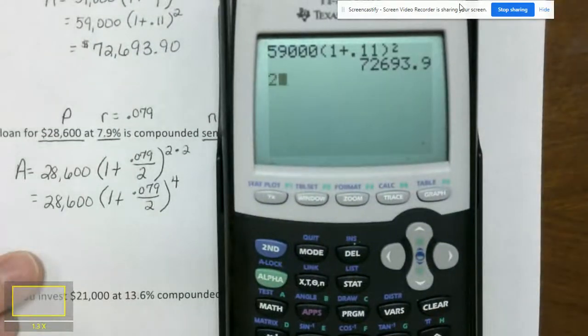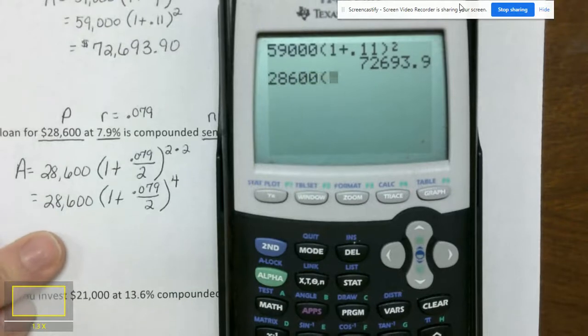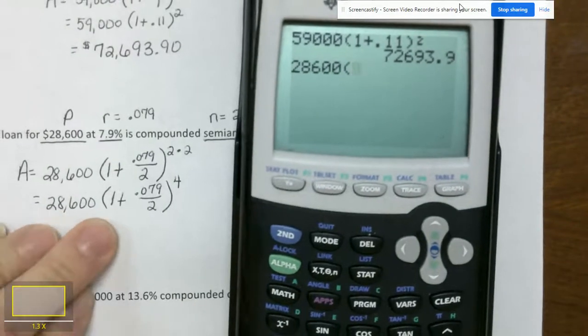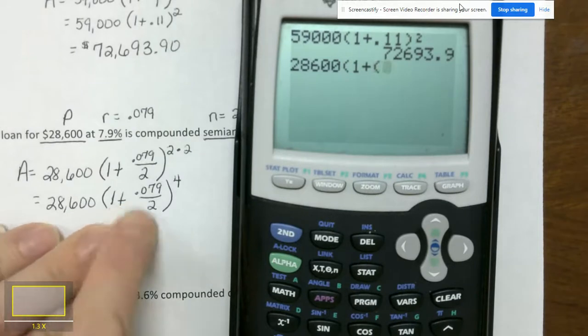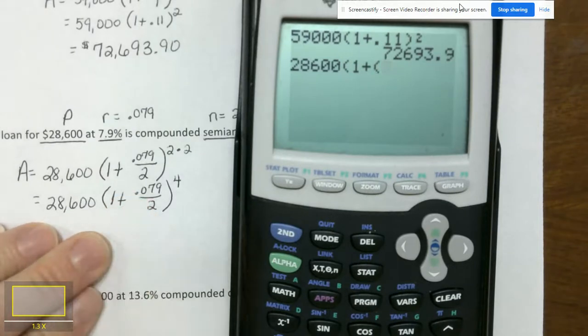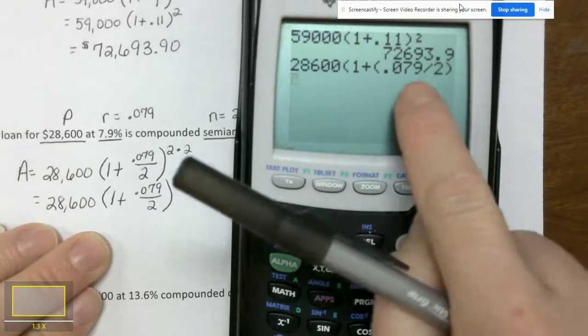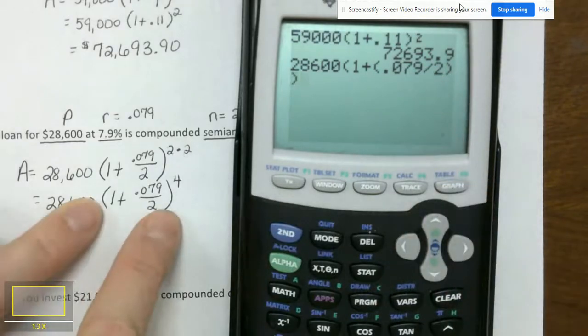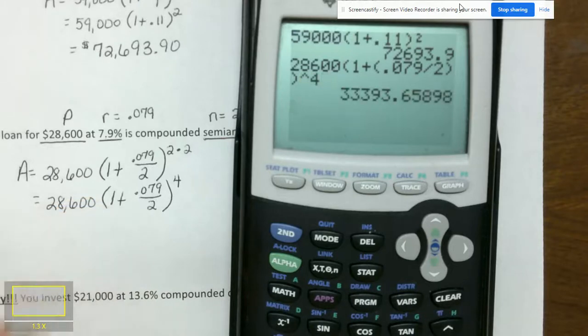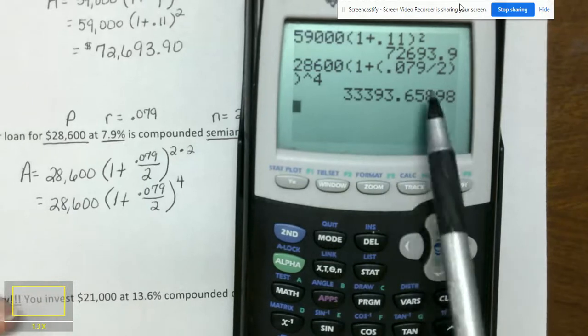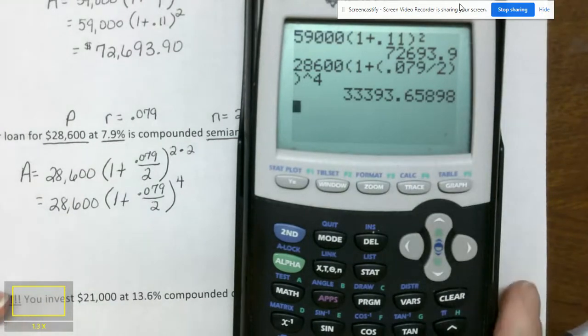And then we punch it in our calculator. Okay, so we're going to do 28,600. Now you have to be careful with your parentheses here. So we're going to have to open a parentheses, 1 plus, and then you're going to have to open another parentheses to put this division in. 0.079 divided by 2. Close that division parentheses and then close this big parentheses and then raise it to the 4th power. And you can do these on your Desmos scientific calculator, but you are going to have to use those parentheses like I did to make sure you get it.